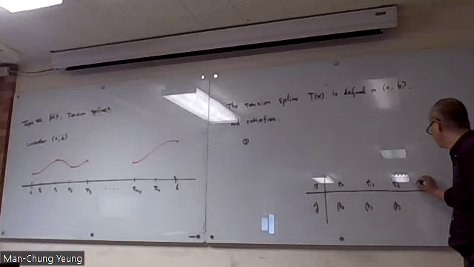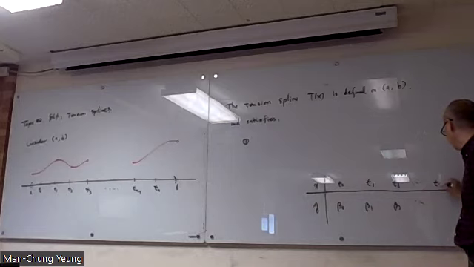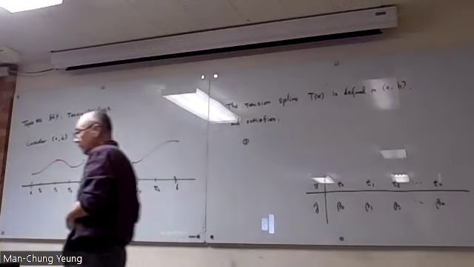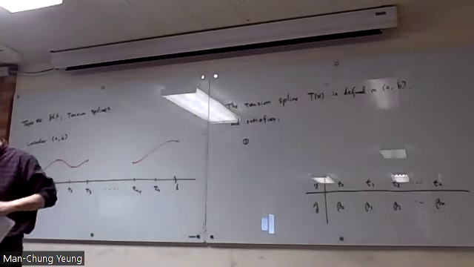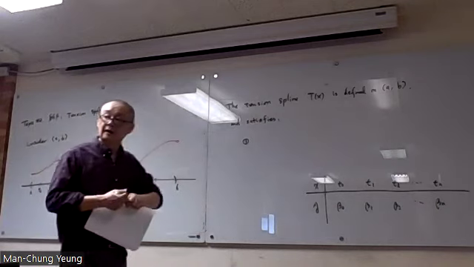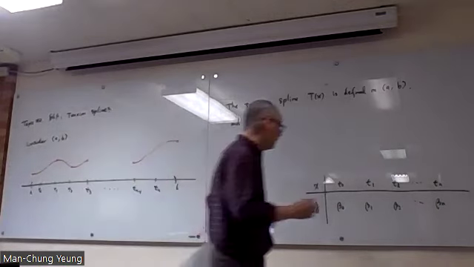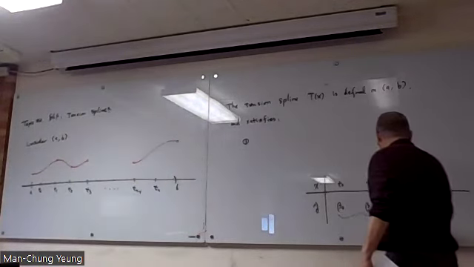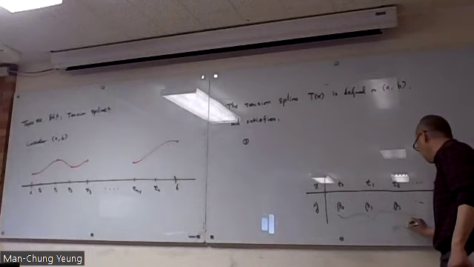How many points? tn, beta n. Let me give values. Suppose that these are the values below.